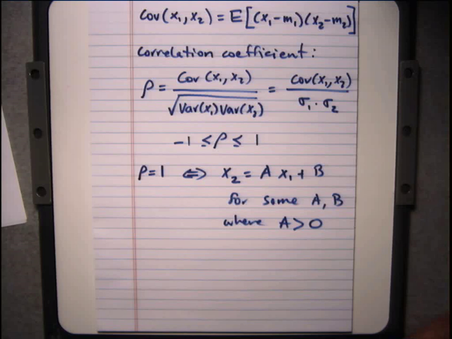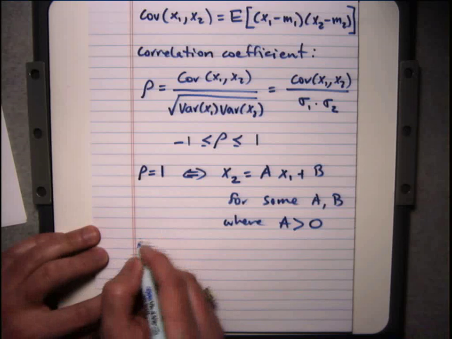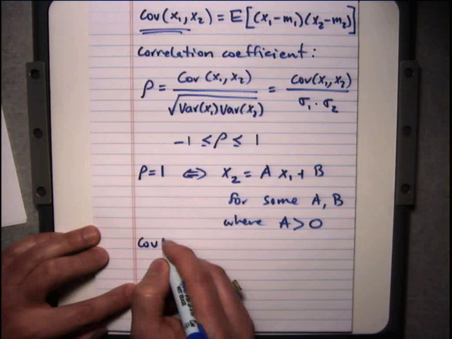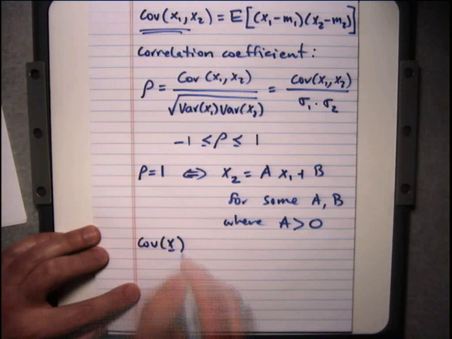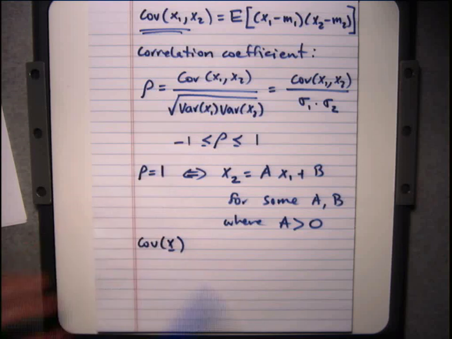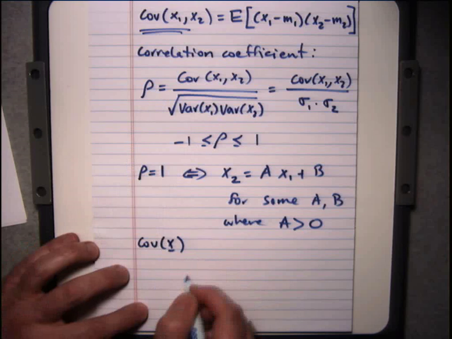All right, now let's go back to this covariance idea and generalize it to the covariance of a vector x. Now if I want to look at the covariance of x, this is the way we write this.